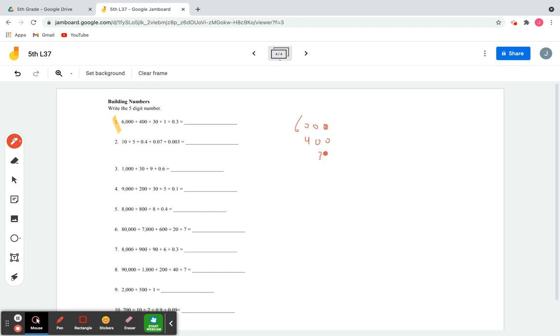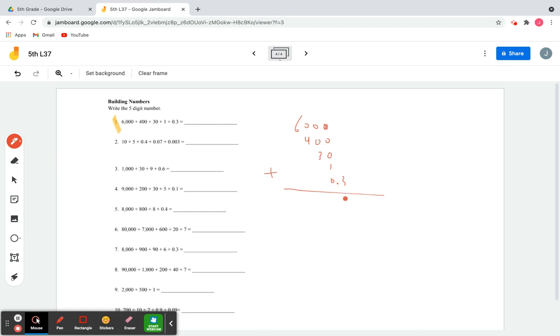And then I write 30 here, and then 1 in the ones place, and then 0.3 with the decimal point, and then I'm going to add these numbers. So these all have a decimal point of 0, so this is basically the same as 3 plus 0.